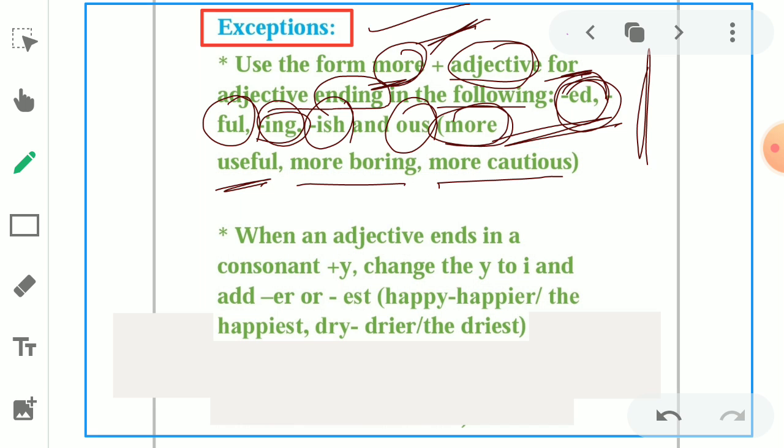Then when an adjective ends in a consonant plus the letter y, change the letter y to i.